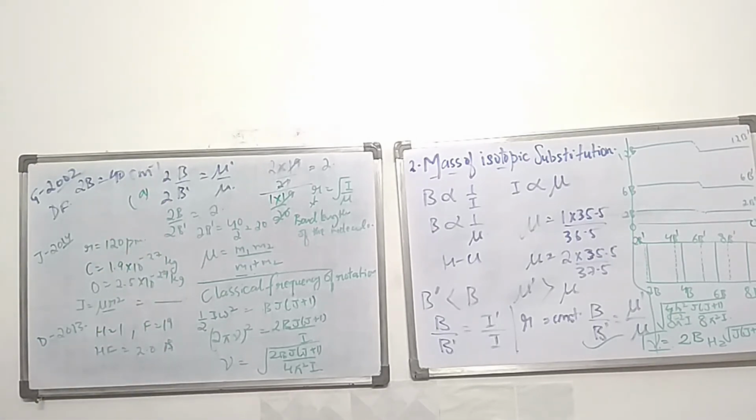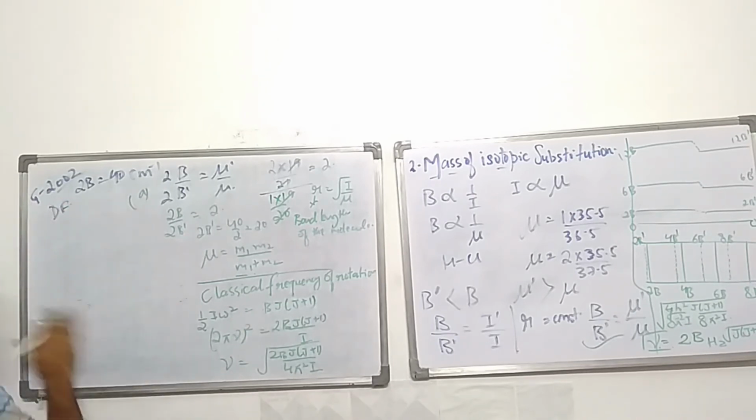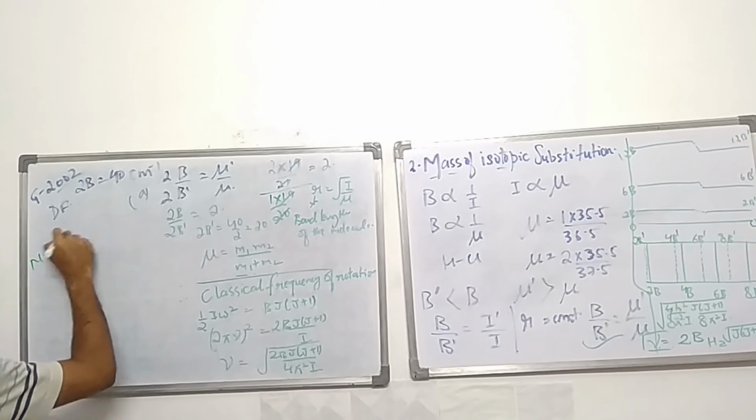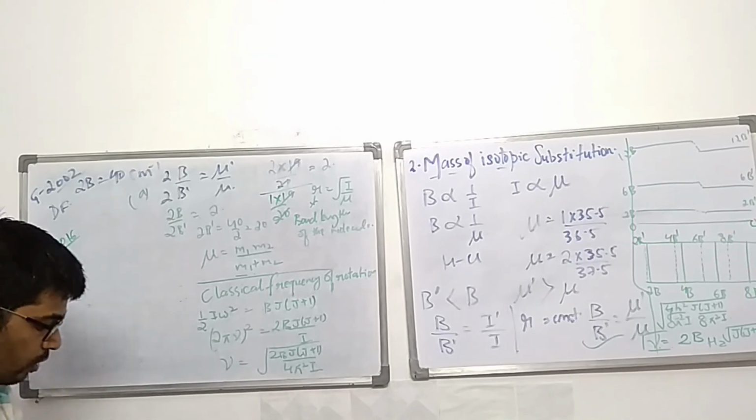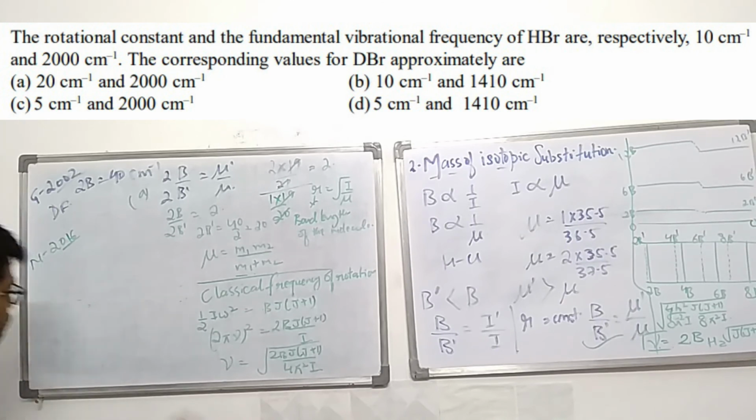Okay. The next question we have from this part is from NET December 2016. And the question says the rotational constant and the fundamental vibration frequency of HBr are given.